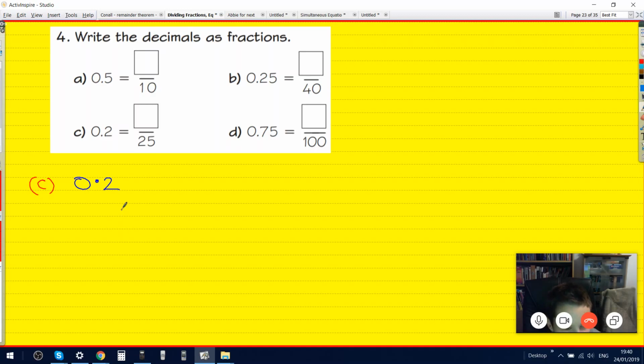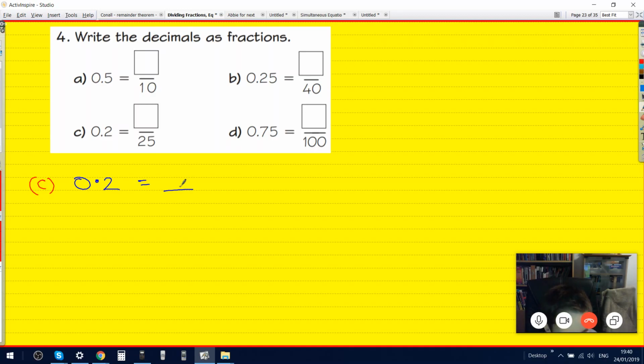Well, 0.25 is the same as 1/4. And so 0.2, what is that as a fraction? What fraction would give you 0.2? I was going to say 1/2, but no, it's not 1/2.